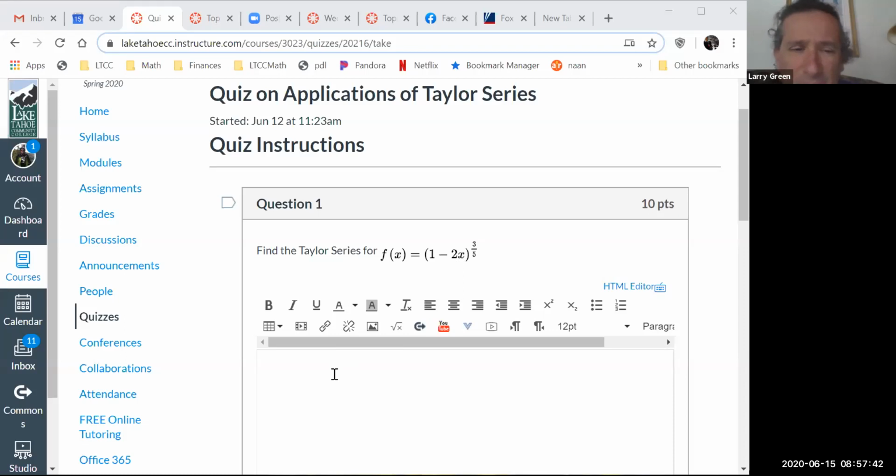In fact, it might even be helpful to grab this. It won't let me grab it, so I'll retype it. And that is f of x equals 1 minus 2x to the 3/5.